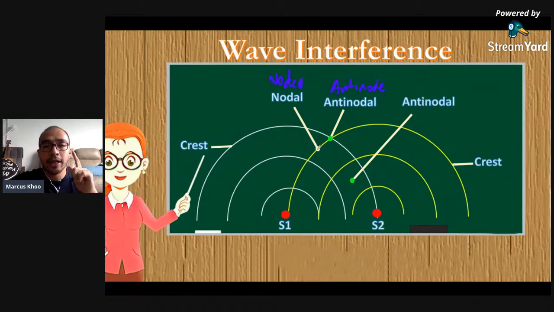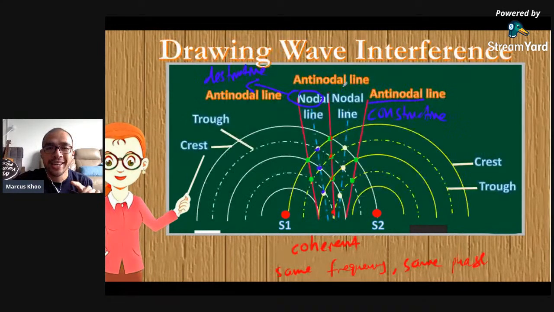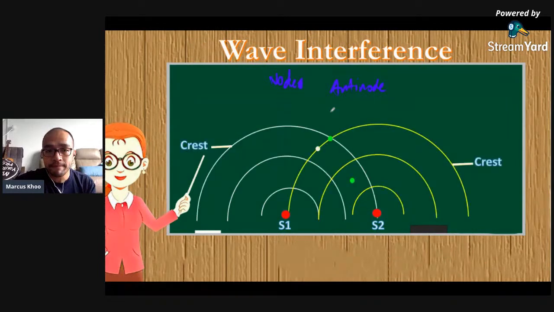The place where destructive interference happens is called a node. The place where constructive interference happens is called an antinode. The line that joins all the nodes is called a nodal line, and the line that joins all the antinodes is called an antinodal line.